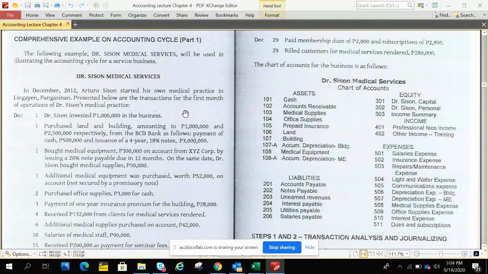And credit, Dr. Season capital. So cash, we have 101, and then Dr. Season capital, 301. Bakit ulit cash? Because the business has an increase of cash, an increase of asset in the form of cash. And increase in capital because that is the investment of Mr. Season. Kaya credit capital. Kasi again, ang normal balance ng capital is credit. So if you want to increase the capital, we have to credit.